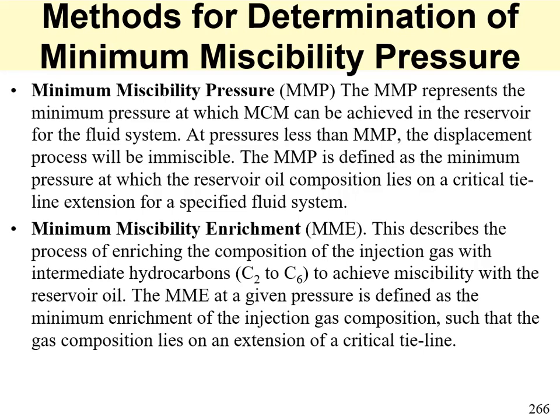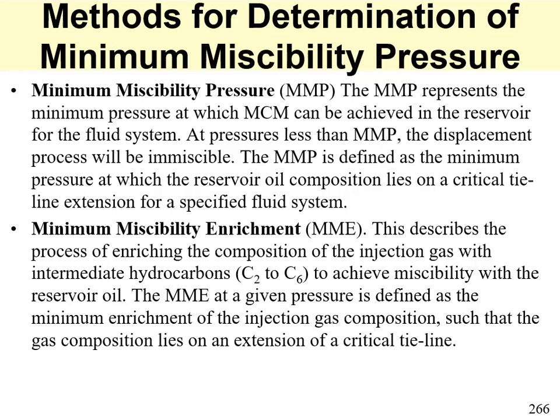And this is when you are examining this phenomenon in the light of the ternary diagrams. For minimum miscibility enrichment, this describes the process of enriching the composition of the injection gas with intermediate hydrocarbons to achieve miscibility.